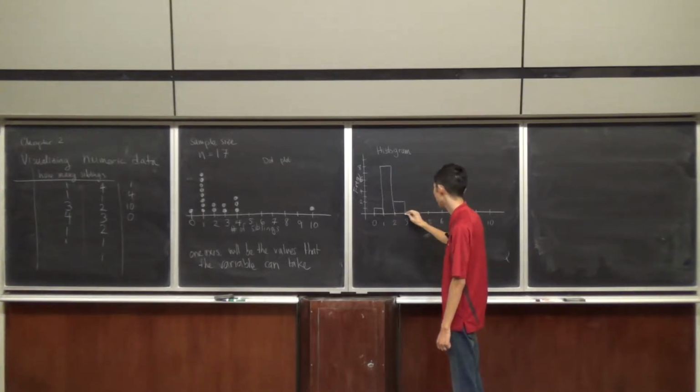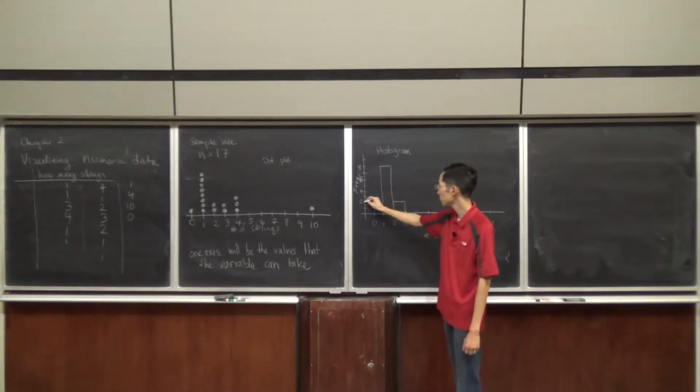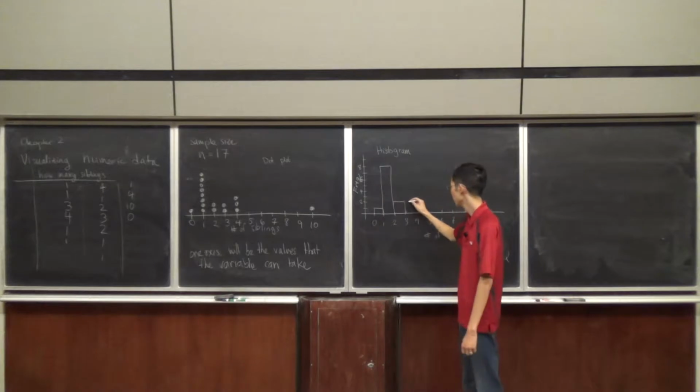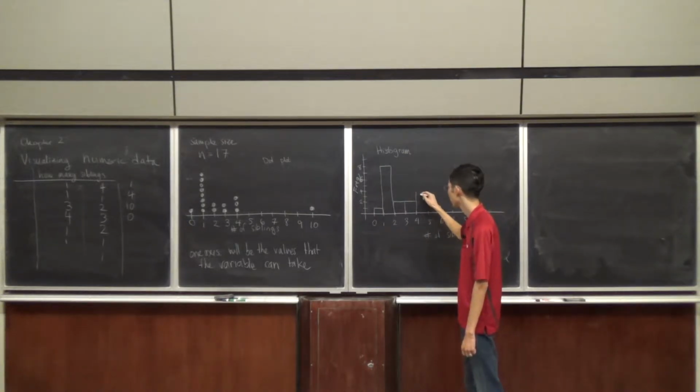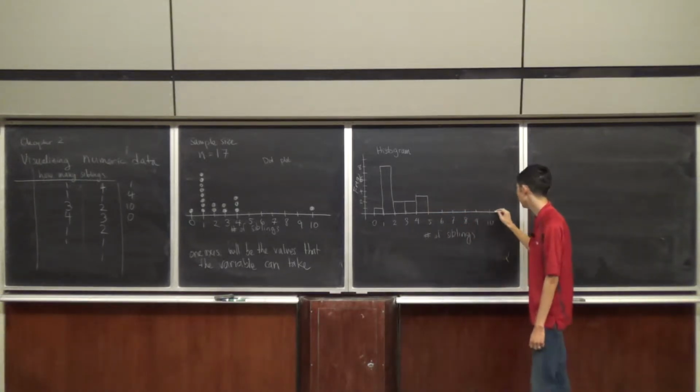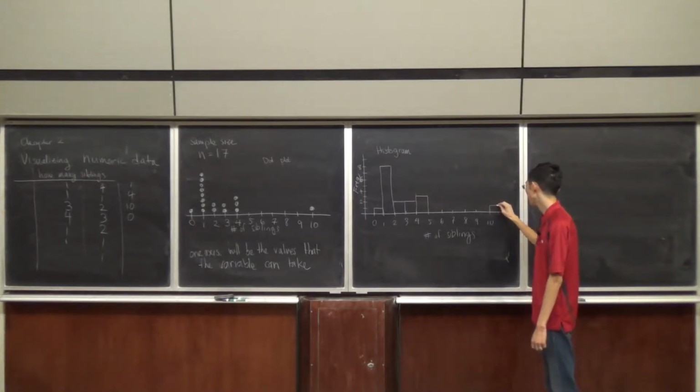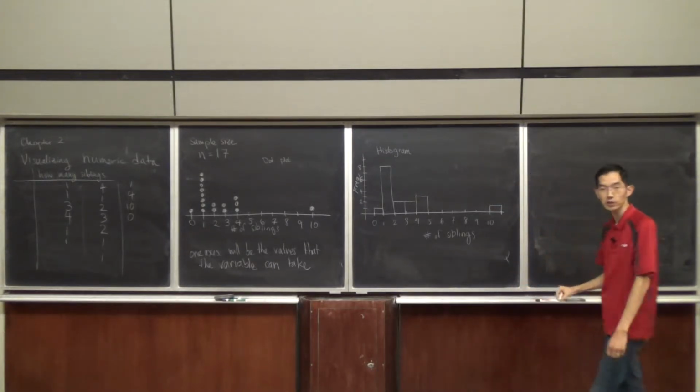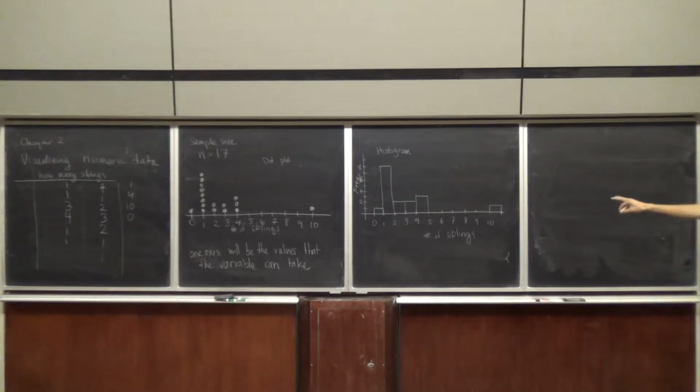There are 2 people represented with 2 siblings, so the bar at 2 goes up to level 2. 2 people with 3 siblings, 3 people with 4 siblings, and then 1 person with 10 siblings. So this is our histogram.